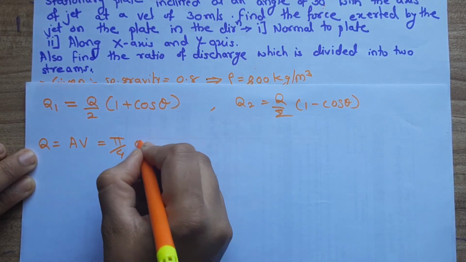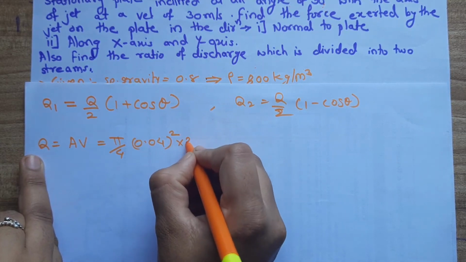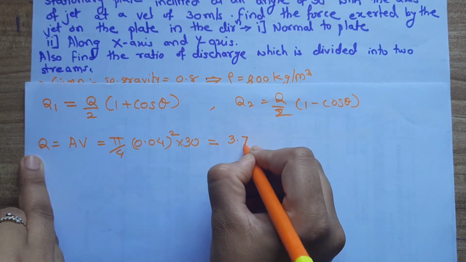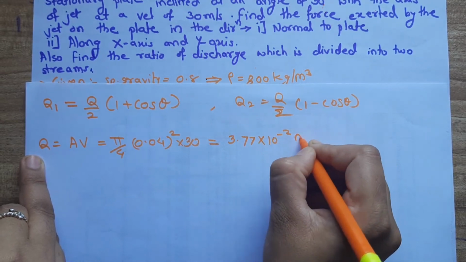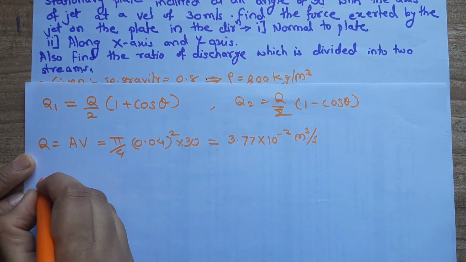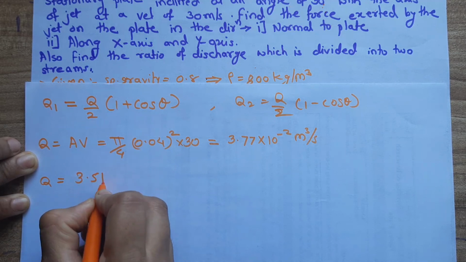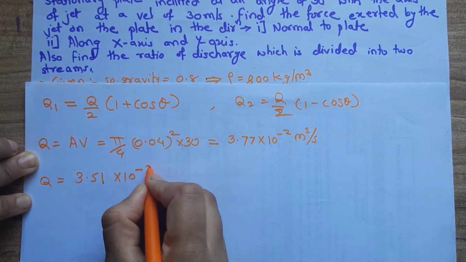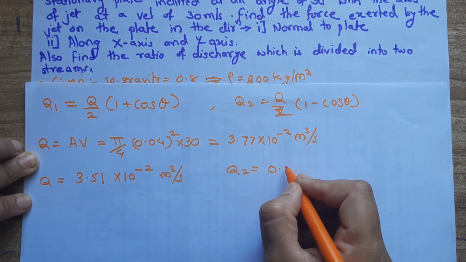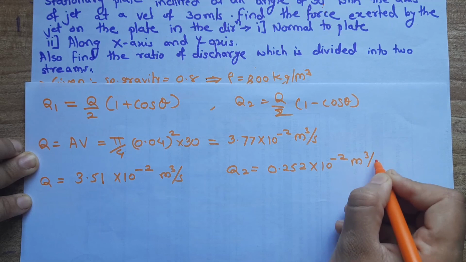That means pi by 4 into 0.04 squared into 30. If we solve this, the value will be equal to 3.77 into 10 raised to minus 2 meter cube per second. By putting this value in Q1, we will get the value of Q1 as 3.51 into 10 raised to minus 2 meter cube per second, and Q2 as 0.252 into 10 raised to minus 2 meter cube per second.